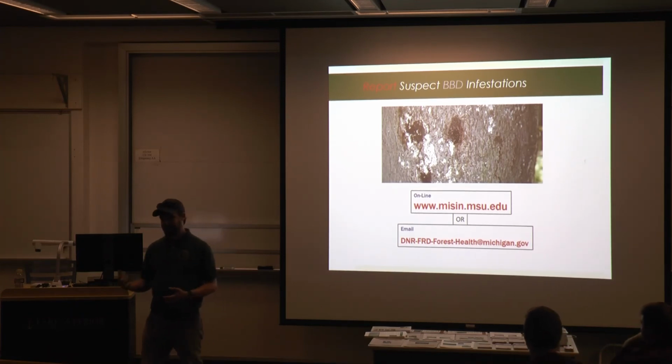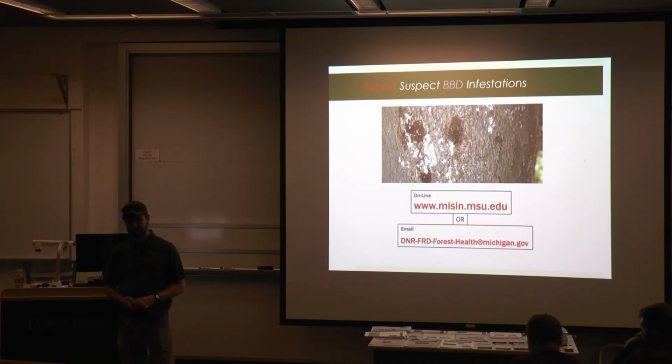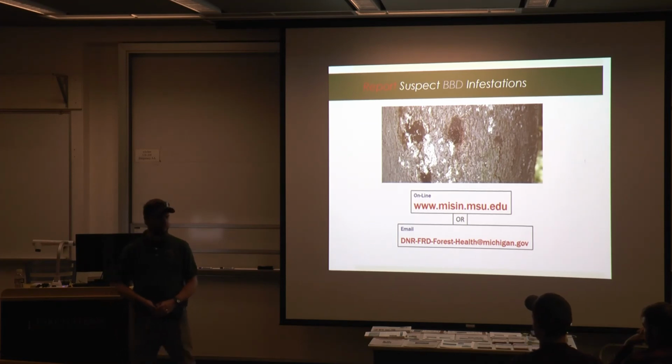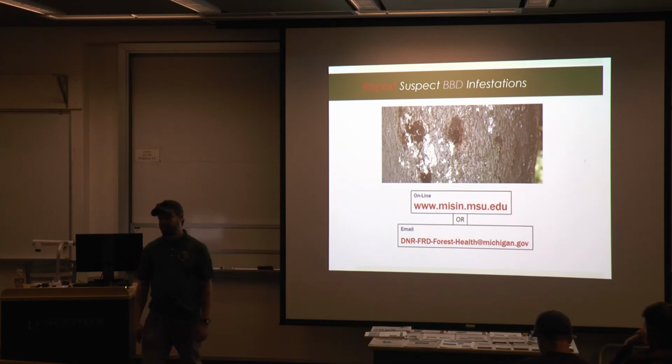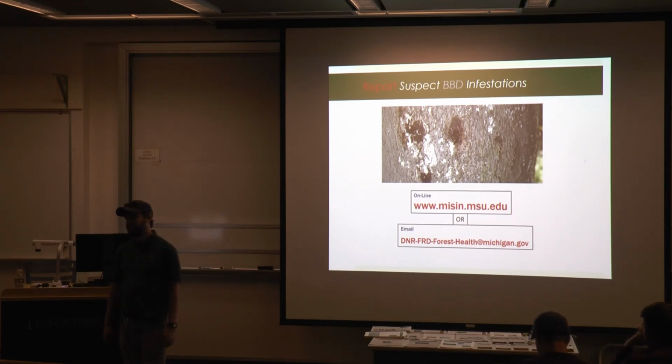There's not a lot of management we're doing on private lands, but we do want to help people understand beech bark disease and what they can do with their trees, and we don't want them to go out and spend a whole bunch of money and not get what they want out of it. So we have the expertise, and we want to share that. But mainly we're looking for those areas where we don't know beech scale is, or the Neonectria fungus.